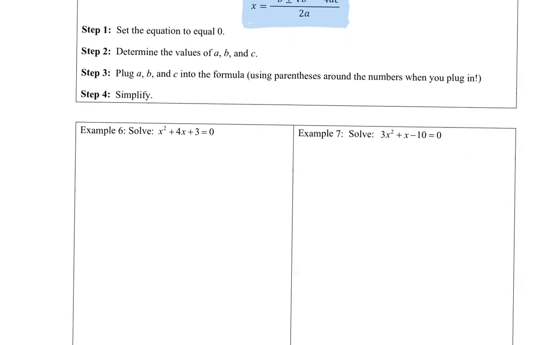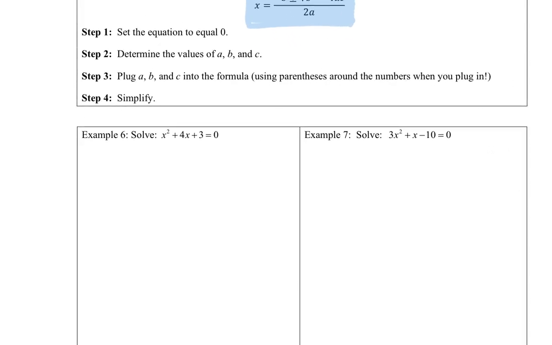Okay, so I could solve this quadratic equation by factoring, but I'm going to use my quadratic formula for practice. So step number 1, set equal to 0. Step number 2, a equals 1 (x squared), b equals 4, c equals 3. My quadratic formula is x equals negative b plus or minus the square root of b squared minus 4ac all over 2a.